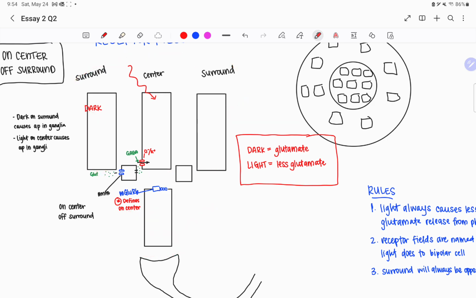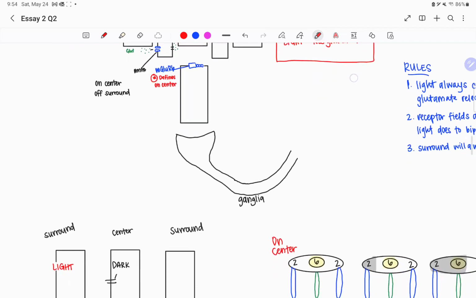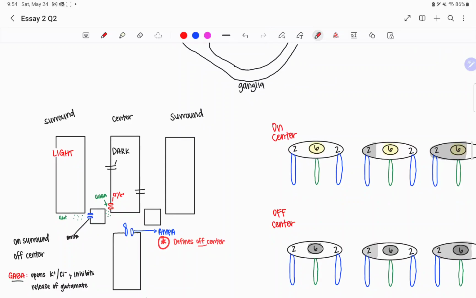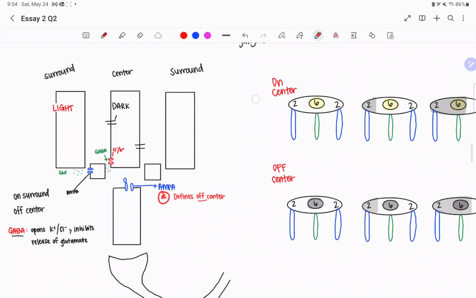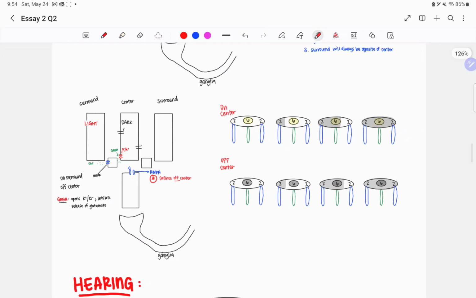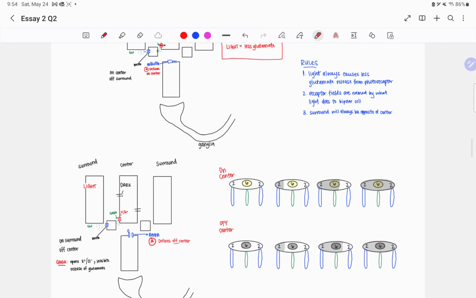All right. Now there's this other thing called off-center on surround. Now it's just completely the opposite, okay? And the only difference between these two, and this is a big difference, but it's the only difference, is this channel that you have on your bipolar cell, okay?